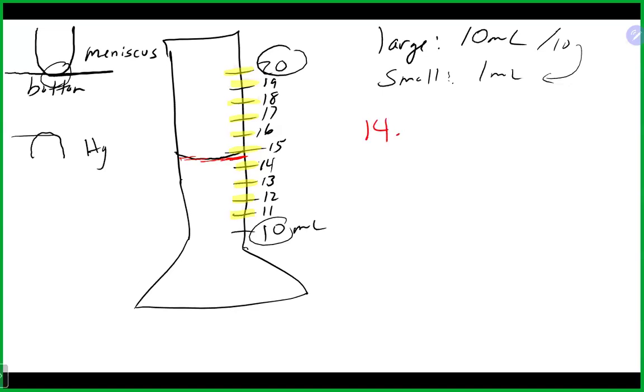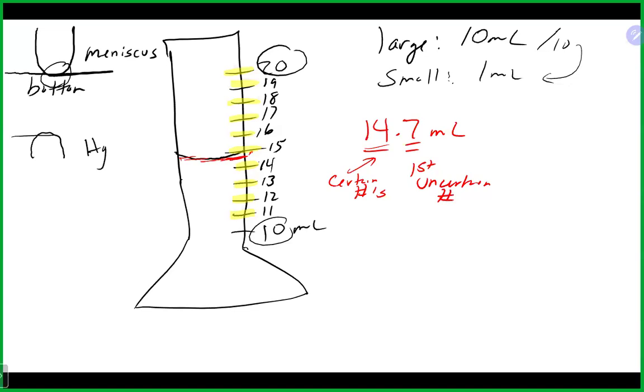And maybe when you look at it, it looks a little bit closer to the 15 than it is to the center. So maybe you record 14 point, we'll call it maybe 7, in milliliters. These would be our certain numbers, and this would be our first uncertain number.